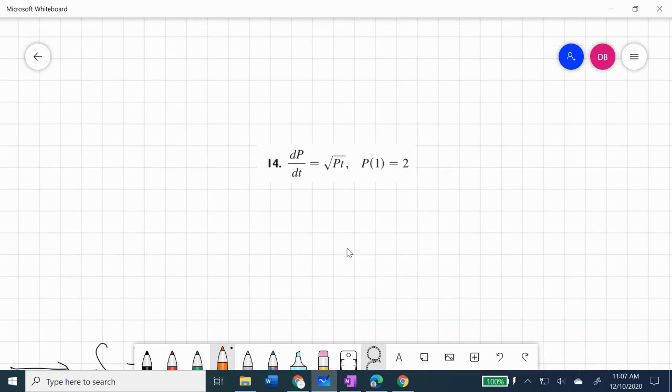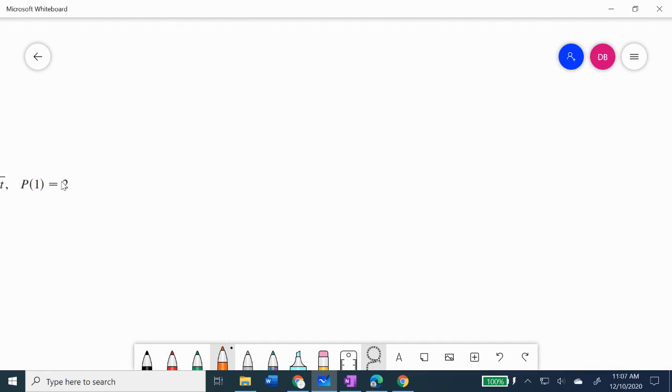In order to solve 14, you're going to have to separate the p and the t. Fortunately, there is a property for distribution of an exponent or root over a multiplication or division operation.